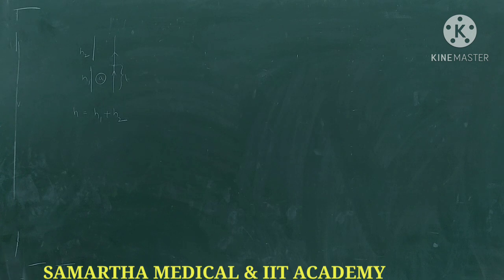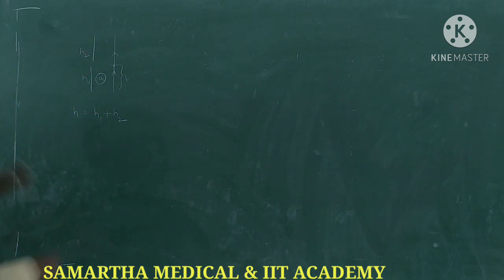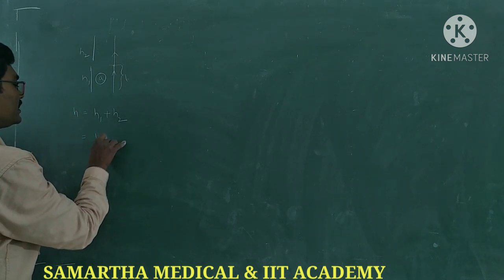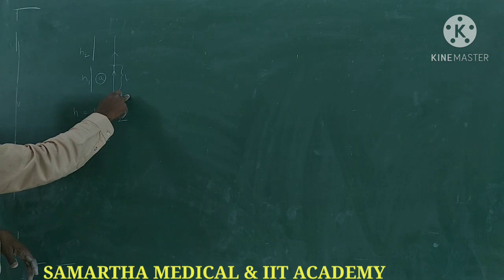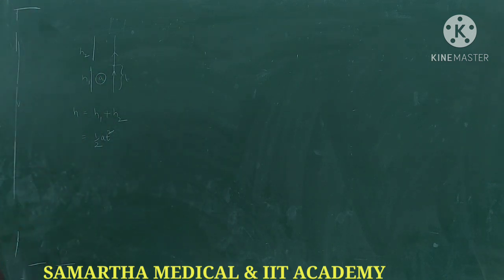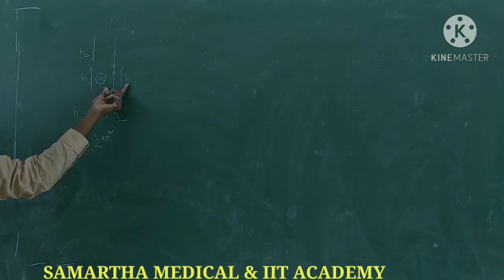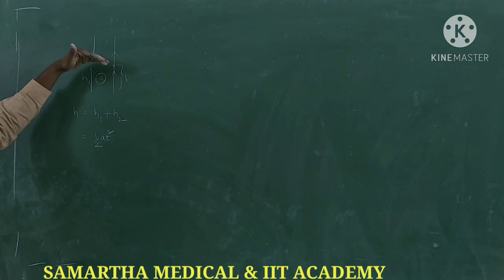What is h1? h1 is due to the fuel, so it is half a t square. Initially the rocket is at rest. Once the fuel burns, it goes up with an acceleration a. So the distance covered, h1, is half a t square, till that time t when the fuel burns.